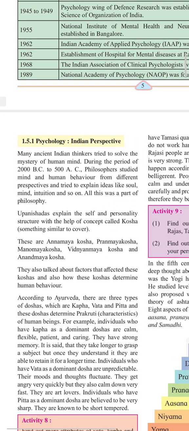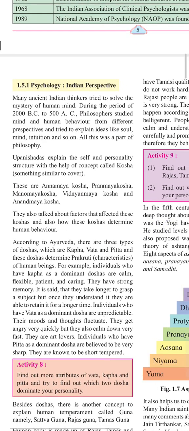Now, psychology in the Indian perspective. Now we are going to understand psychology from an Indian perspective, like how psychology developed from the Indian perspective. Let's start. Many ancient Indian thinkers tried to solve the mystery of the human mind.